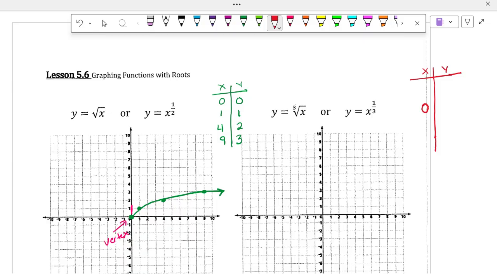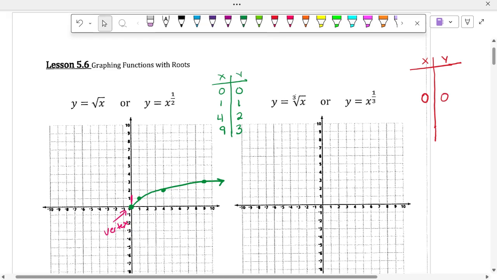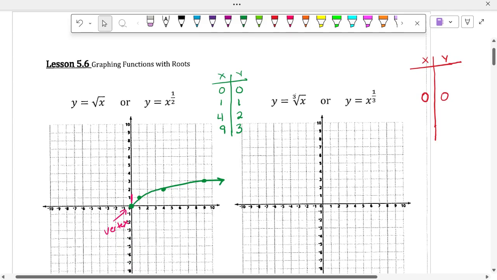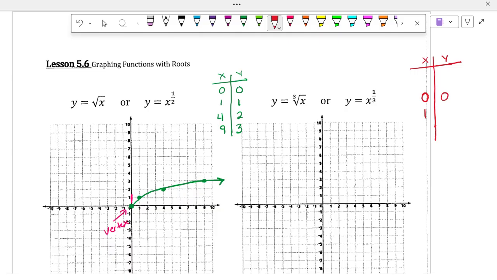So I'm going to do the positive sides first. So what's the cube root of 0? 0. Cube root of 1. 1. What's my next cube root? Or my next perfect cube? 8.